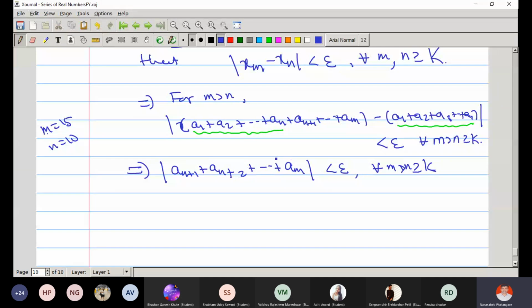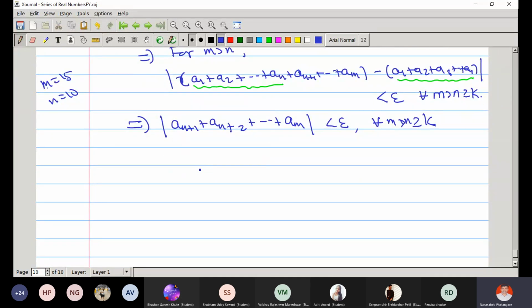If equal, then not an issue. So finally, I can write this as the absolute value of the summation of a_k, k running from n plus 1 to m, is less than epsilon for all m greater than n greater equal k.